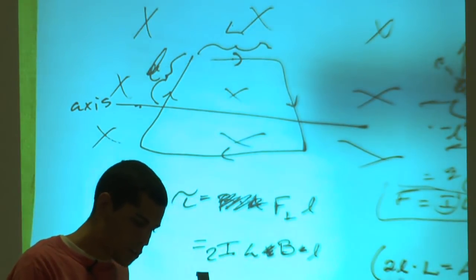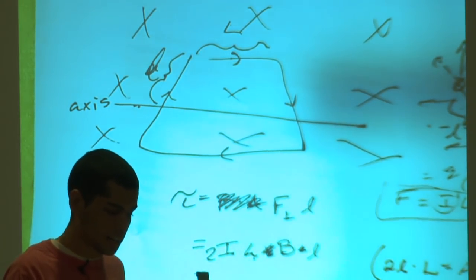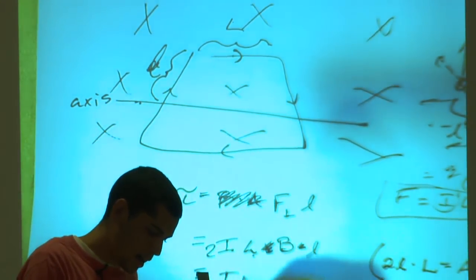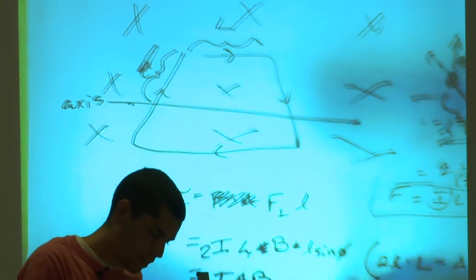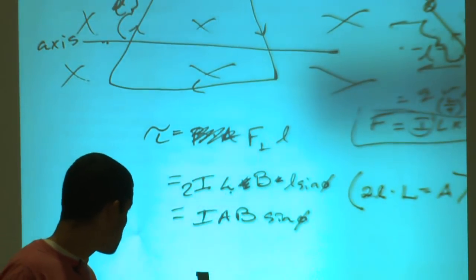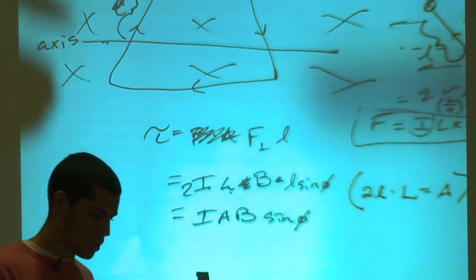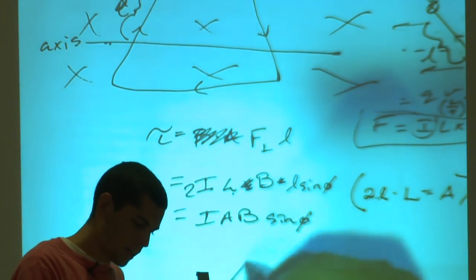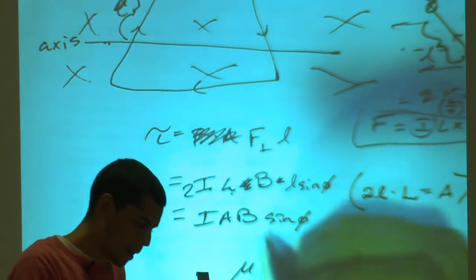Thus, we could simplify 2L times L, 2 little l times big L, into IAB, and I forgot our sine of phi, right? IAB sine of phi. And then we can introduce what's called our magnetic moment, right? Magnetic dipole moment.